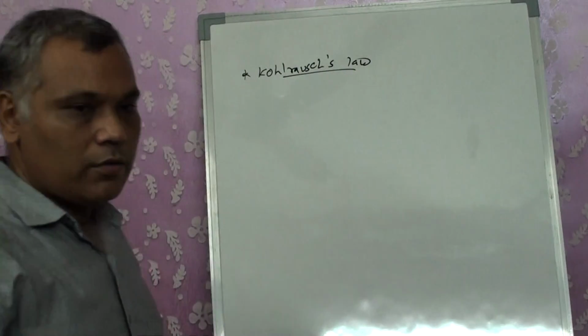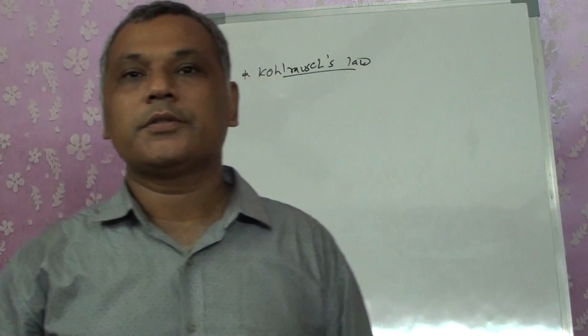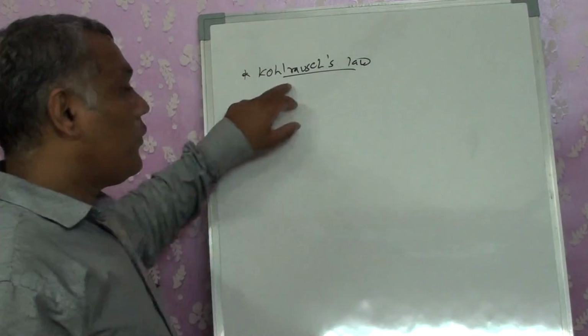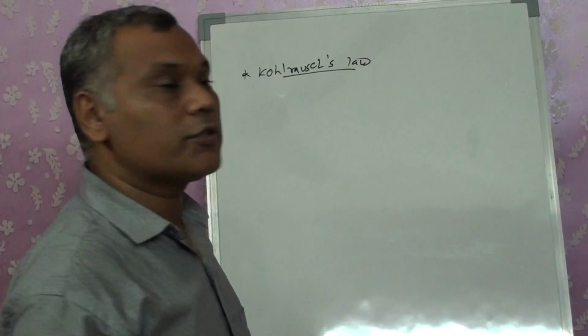Now what is this law? When we measure the conductivity for any given substance, the conductivity of the solution is equal to the sum of the conductivity of all the ions present in the solution.